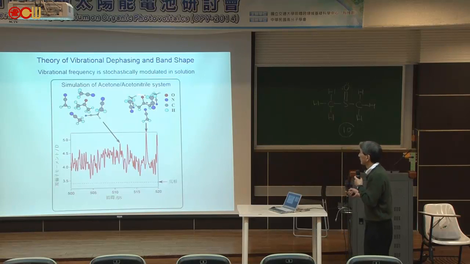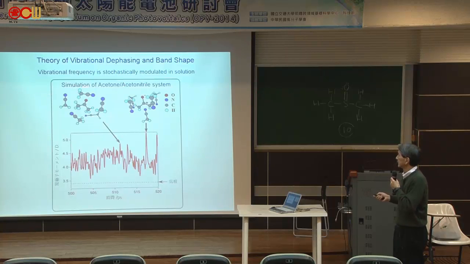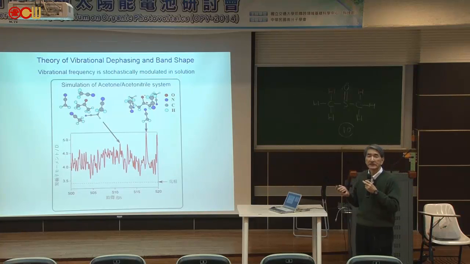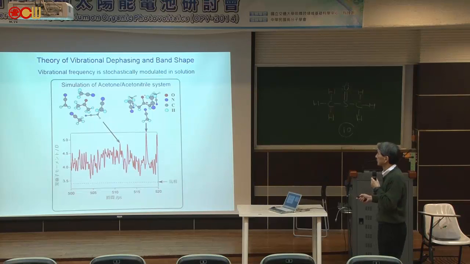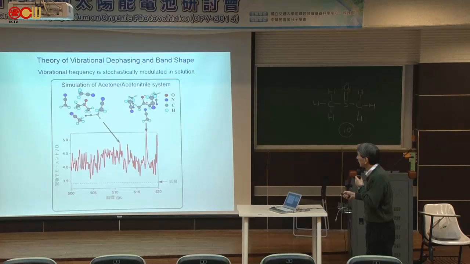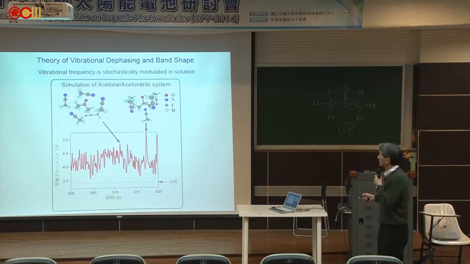And here I show you one theoretical approach in which we are using acetone and acetonitrile as the simplest solute and solvent. Here we have acetone: two methyl groups with CO. And here you have the acetonitrile: the methyl group and carbon and nitrogen.